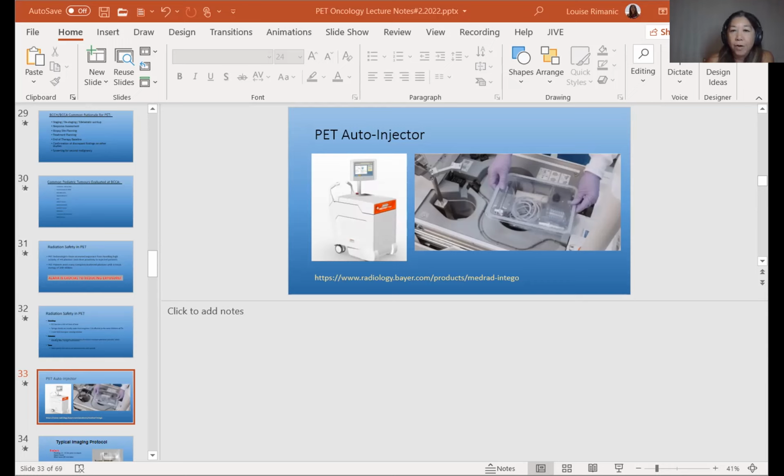Whereas for fluorine-18, you require an on-site cyclotron, right? So this may be better for more departments that could afford to buy the gallium-68 generator and be able to do gallium-68 PET, versus the $1 million outlay for building a cyclotron.